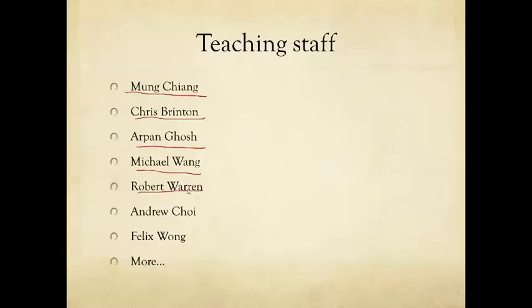And then we also have Robert Warren joining us. We have Andrew Choi helping with the programming interfaces with Coursera. And Felix Wang is a PhD student who works on online social networks in my lab and will be participating and helping out as well. Okay.